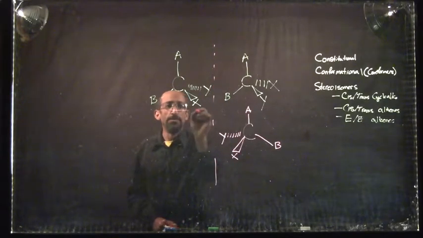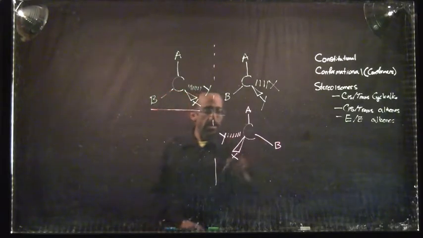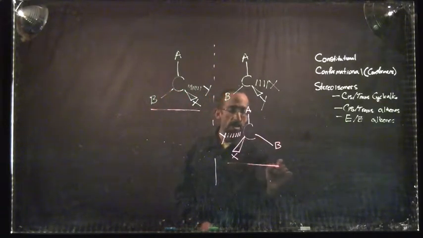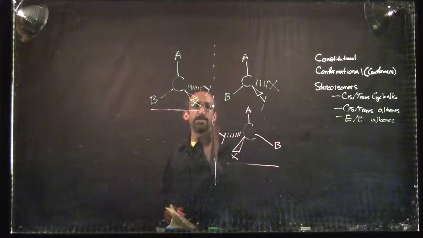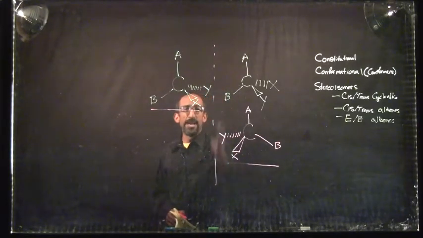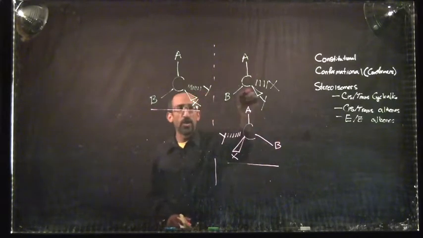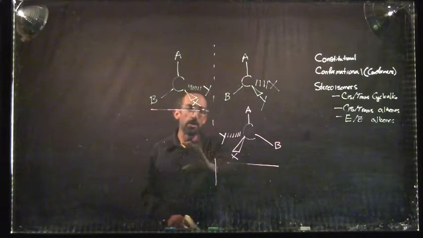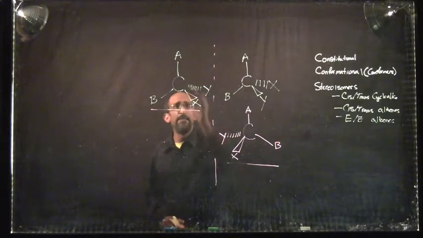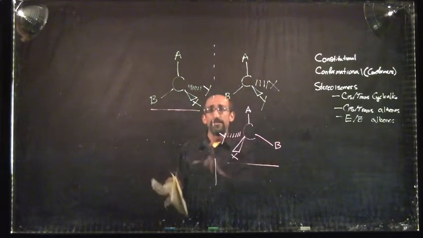This molecule here and this molecule here are mirror images of each other if I consider this to be a mirror plane. Right? If I moved it up, I could draw a straight line connecting Y, a straight line connecting X. Those lines are perpendicular to my mirror plane, and the same with A and B. These are now two mirror images.